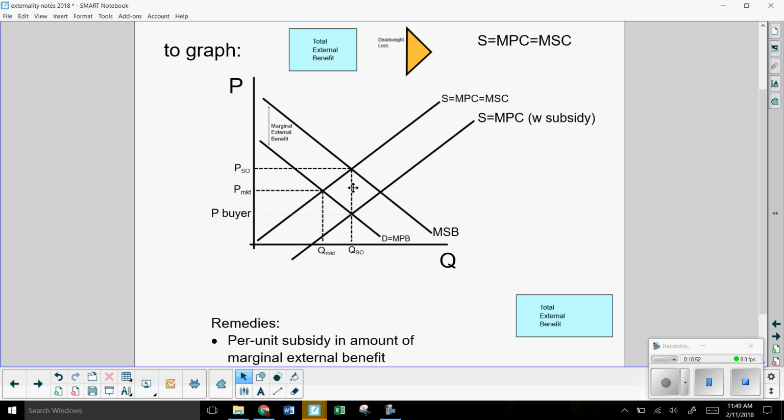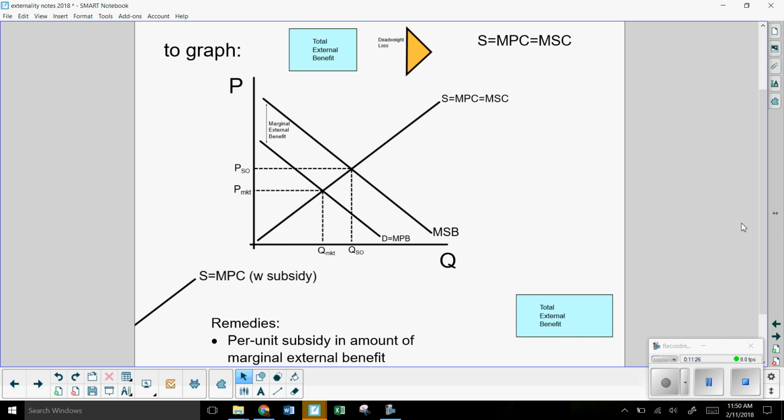Sellers will end up receiving this higher price up here, remember, because the subsidy adds to the payment buyers make. So when I make one and sell one, buyers pay me some, and the government pays me some as well. That's what's going to encourage me to make this many more. That's the amount of total external benefit that people who are non-buyers will receive afterwards. And that's going to encourage an increased amount to be produced in the marketplace.